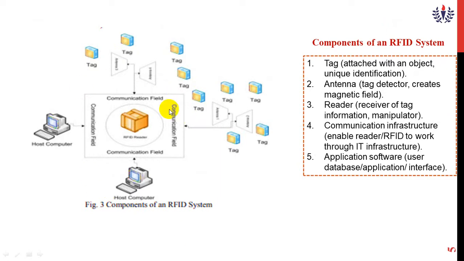In home automation, there are 5 components. One is the tag, another is the antenna, and the third is the reader. The reader is the receiver of the tag information, or manipulator. The fourth is the communication protocol, the communication infrastructure which enables the RFID reader to work. The fifth is application software, the user database application or interface.